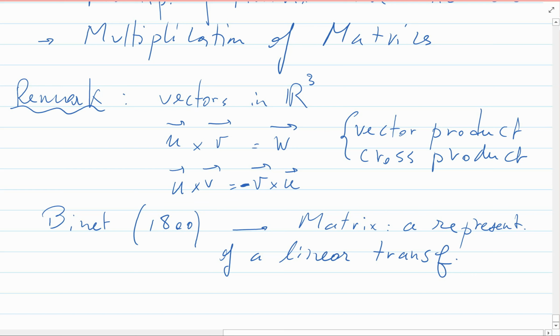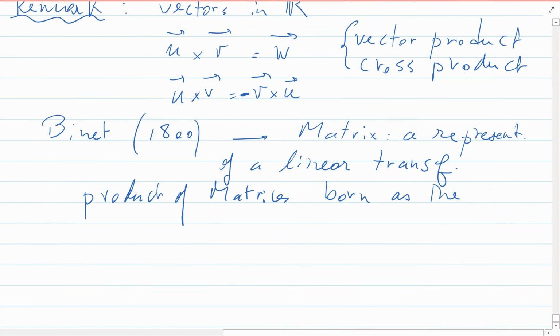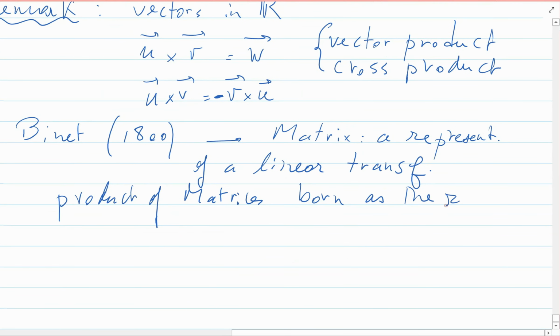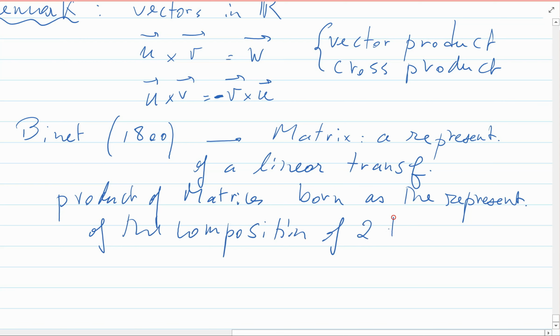And the product comes naturally from the composition of two linear transformations. So the product of matrices was born as the representation of the composition of two transformations.